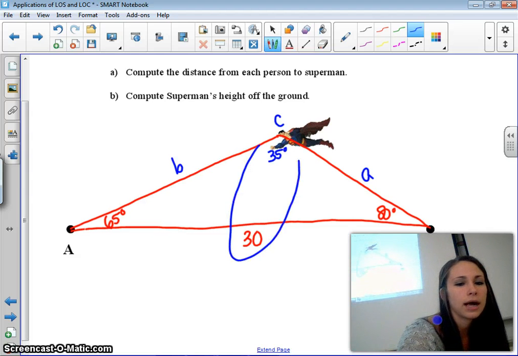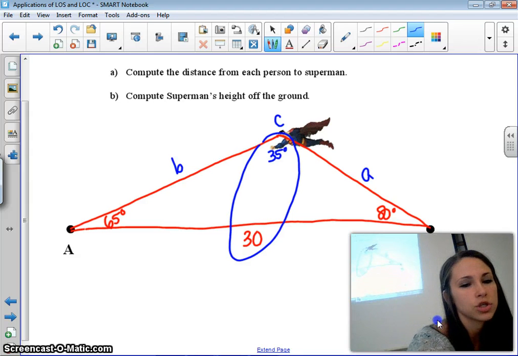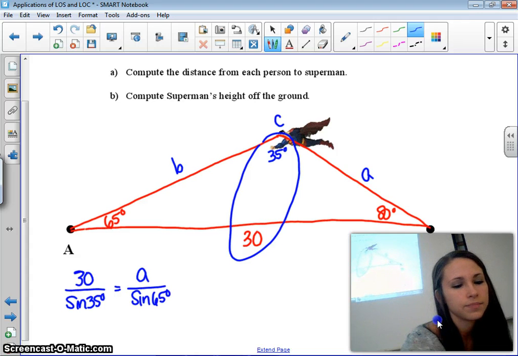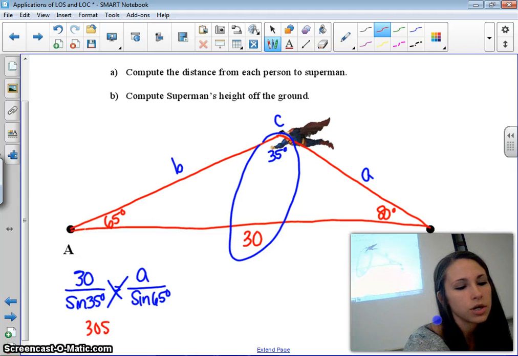This is a pair that I have. And so let's find, it doesn't matter which side we find first. I'm going to find side A first. So I'm going to set up 30 over the sine of 35 equals A over the sine of 65. And then cross multiply and solve. So 30 sine 65 equals A sine 35.